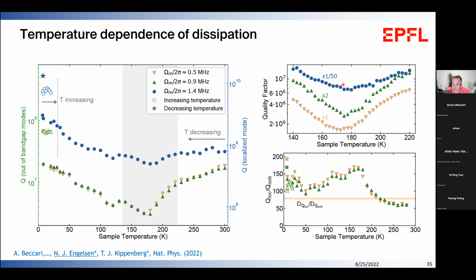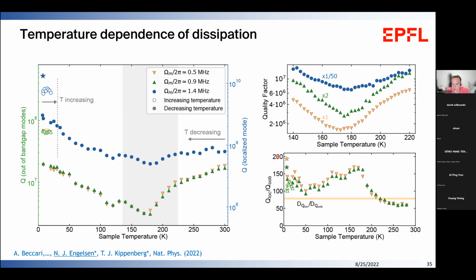So we investigated these dissipation peaks in some detail, to see if the peak occurs at different temperatures for different modes. And we found a weak frequency dependence of this thermally activated peak, which is something you would expect from this kind of two-level system-based dissipation.